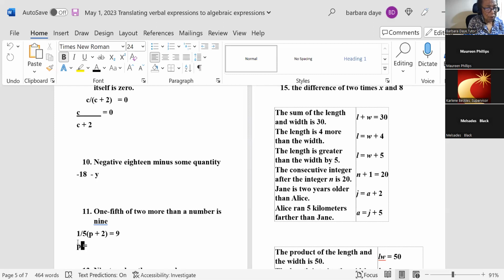One-fifth of what number gives you 9? One-fifth of a number that gives you 9.